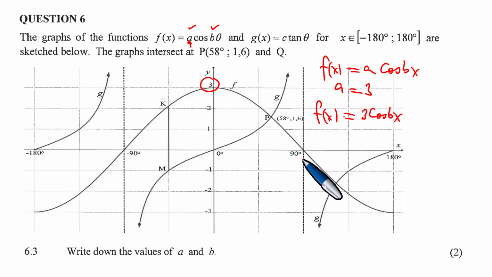So if it is 3 cosine bx, we need to find b. To find b, you need to use any other point. Take any point on the function. You can take this one, where x is 90 degrees and y is 0.